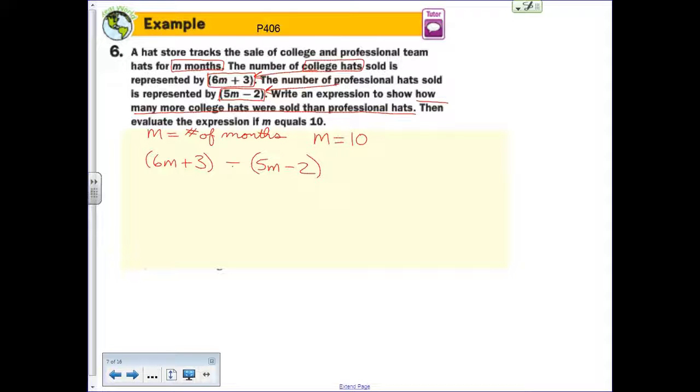First things first, we have a minus sign in the middle, so we need to distribute that, making 5M a negative 5M, and making our negative 2 into a positive 2.